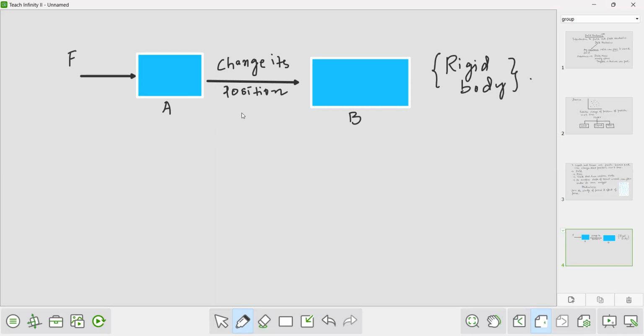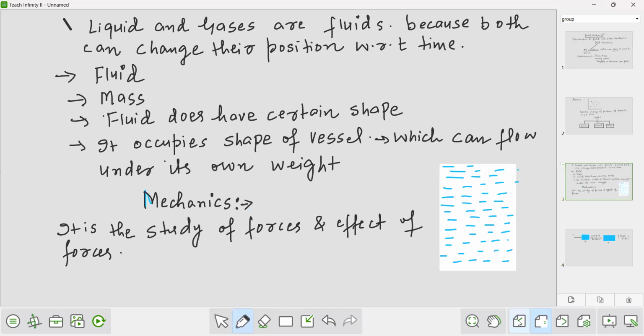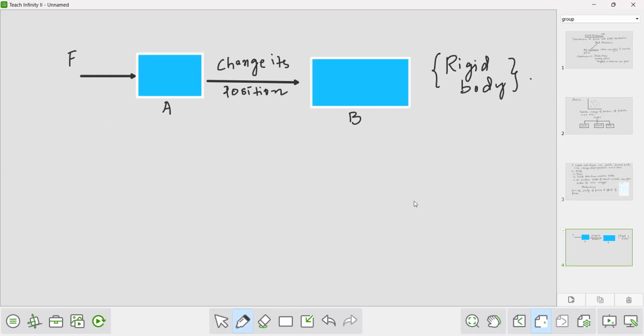Sometimes it deforms. All comes under this mechanics, that is a study of force and effect of force. What is the effect of force? The change in position is an effect of force.